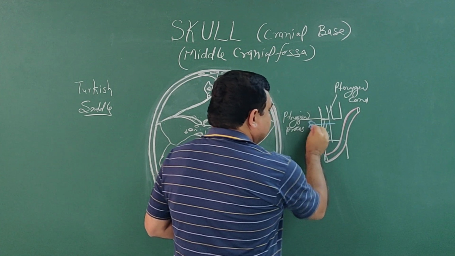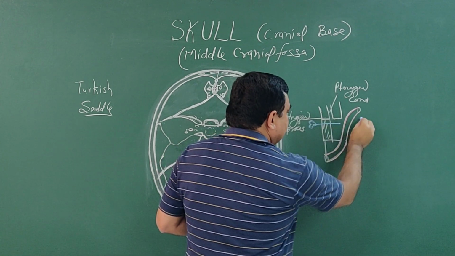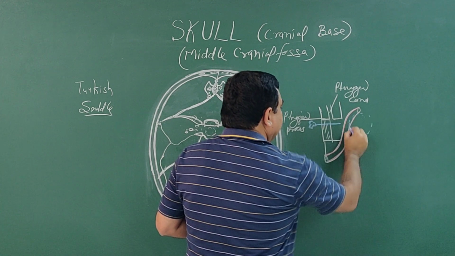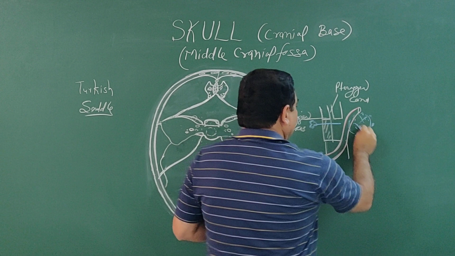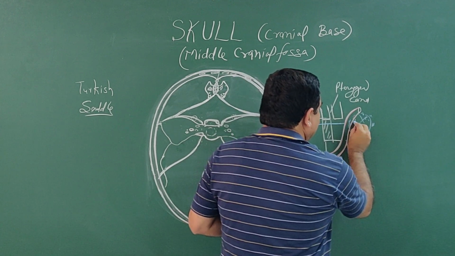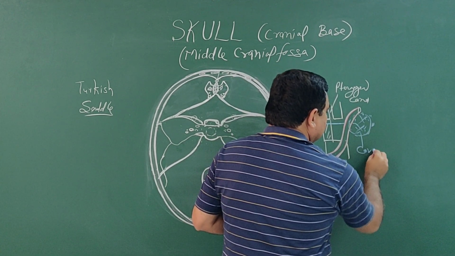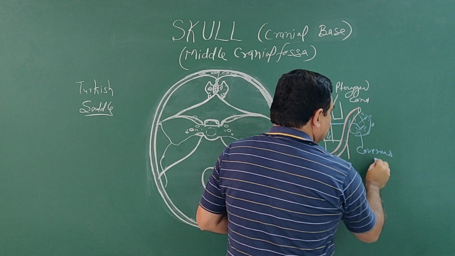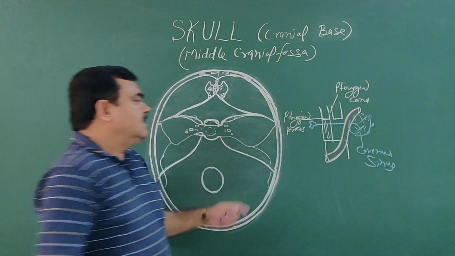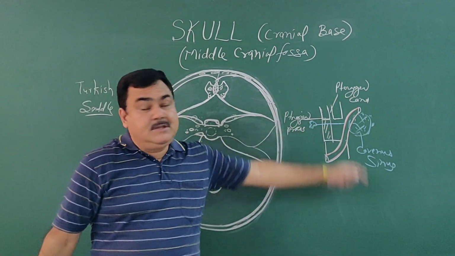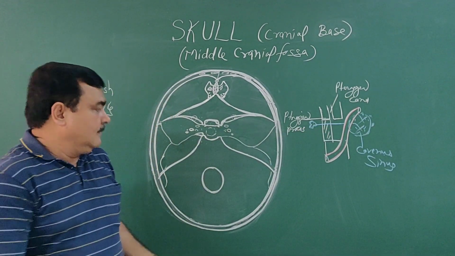This is the pterygoid venous plexus. The emissary vein passes from here and goes into the cavernous sinus, which is a dural venous sinus, so it communicates with the cavernous sinus.